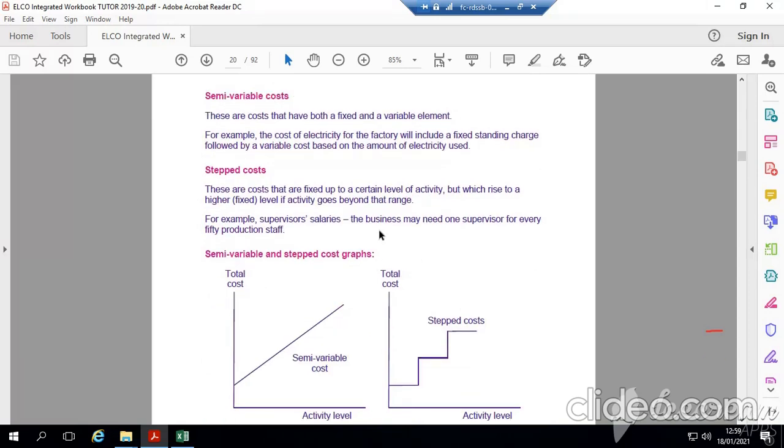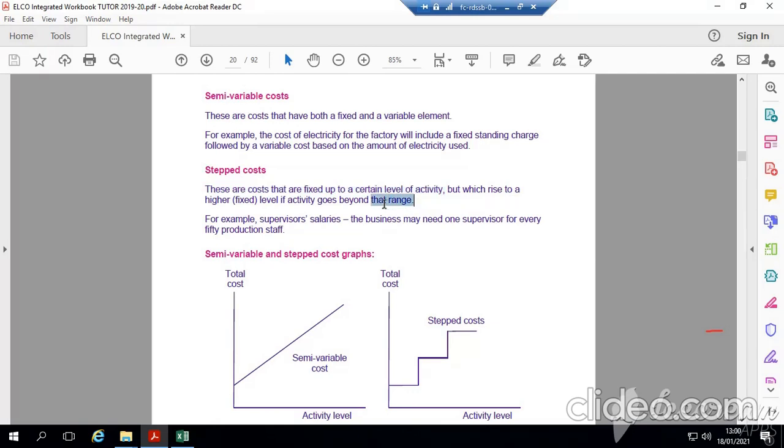Okay, so stepped cost, this is sometimes you will have this kind of cost in manufacturing companies. These are costs that are fixed up to a certain level of activity, which rise to a higher fixed level if activity goes beyond the range.